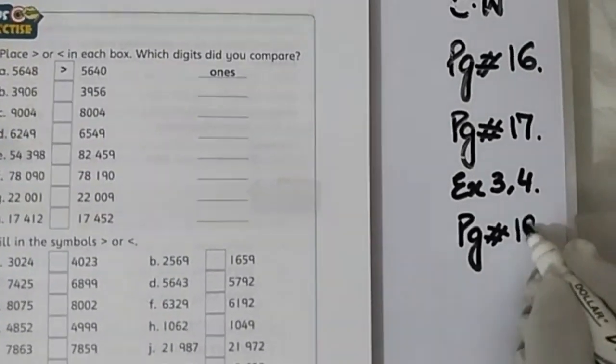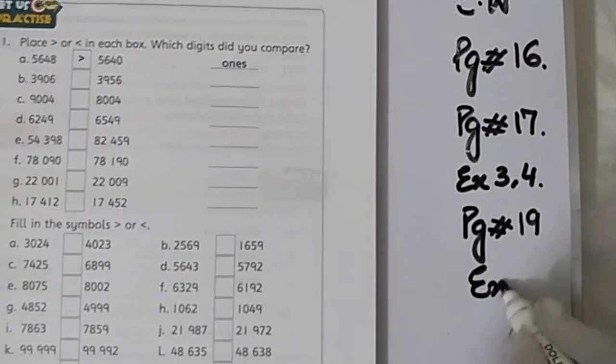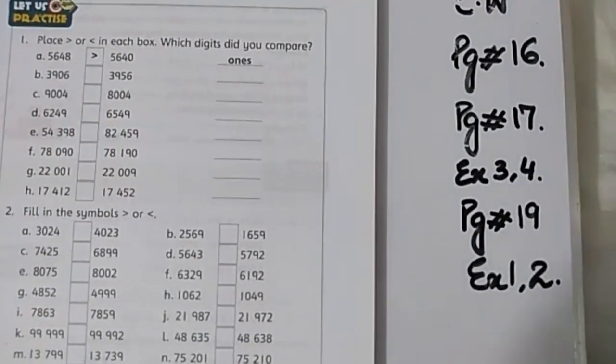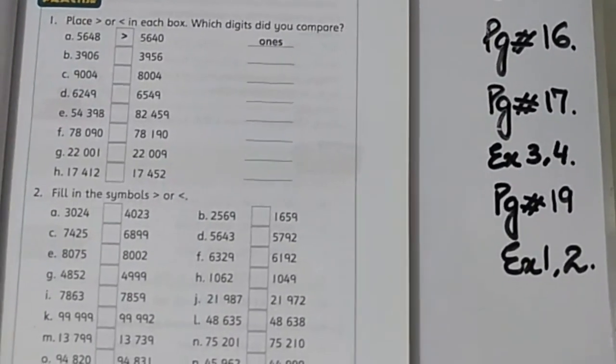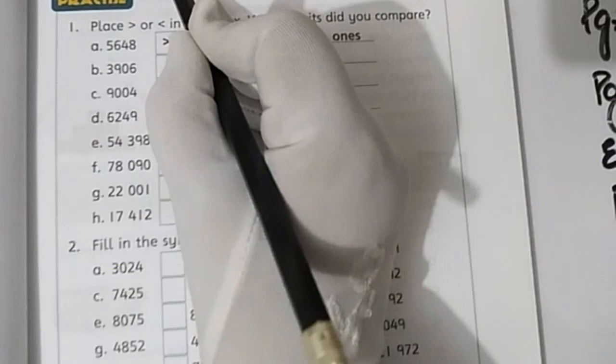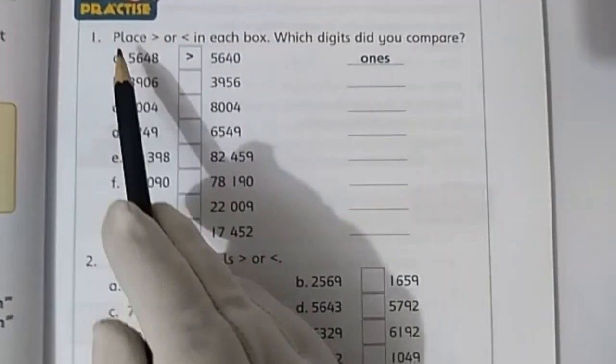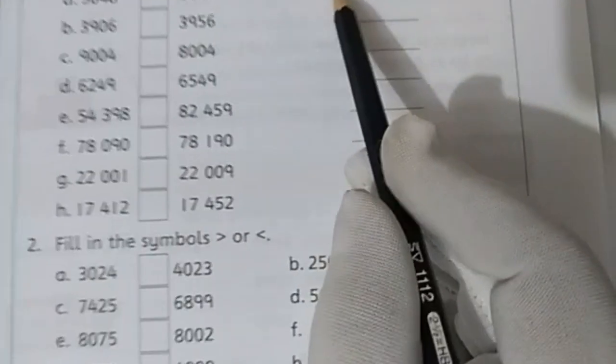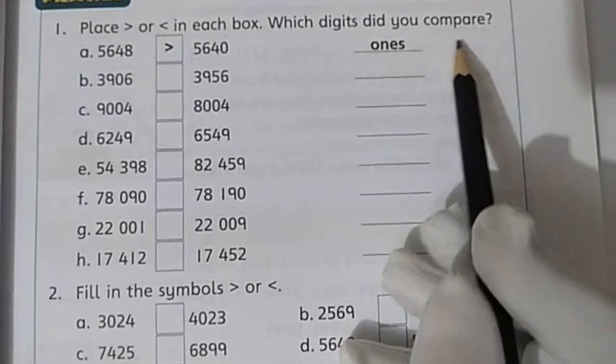Now page number 19, exercise 1 and 2. Before starting the exercise, write the date over there. Place greater than or smaller than in each box. Which digits did you compare?